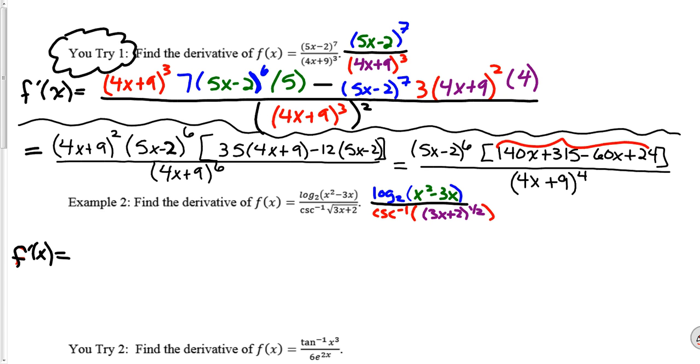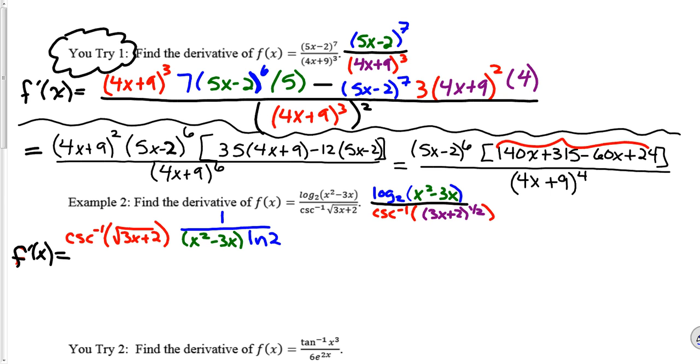So taking my derivative now, I take the bottom, which is cosecant inverse of, I'm just going to leave it as the square root of 3x plus 2, because I don't need this calculus friendly here, I'm just writing down the bottom, times the derivative of the top, and the derivative of the top is 1 over my inside, which is x squared minus 3x, times the natural log of 2.